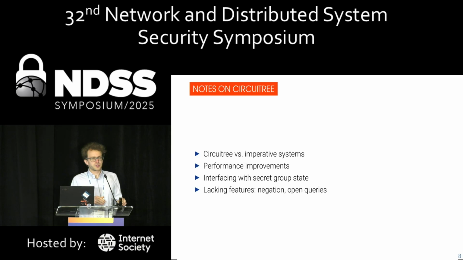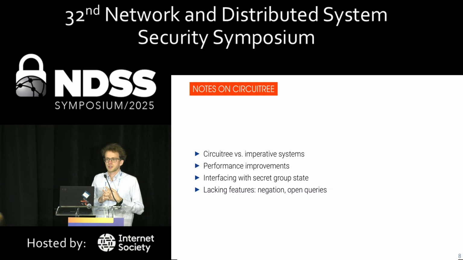And then Circuitry lacks a few features to actually implement this, features that we are working on. It's been a very tough debate with my colleague on whether or not we can efficiently implement them. I believe we can, so that's why I'm presenting, I suppose.